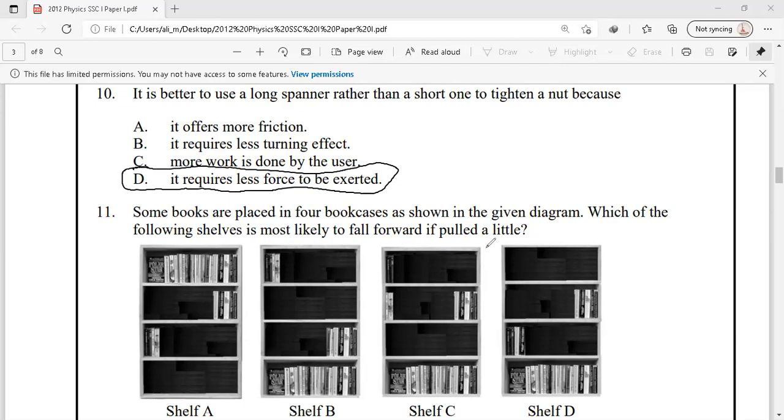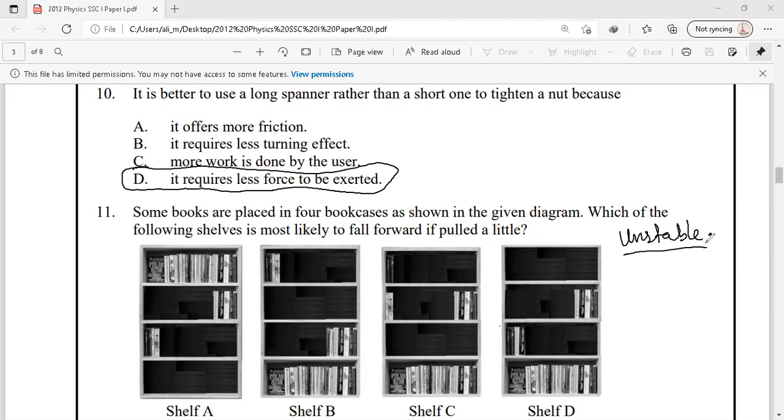Then we have question number 11. Which of the following shelves is most likely to fall forward if pulled a little? In a way, this question asks about the unstable shelf.